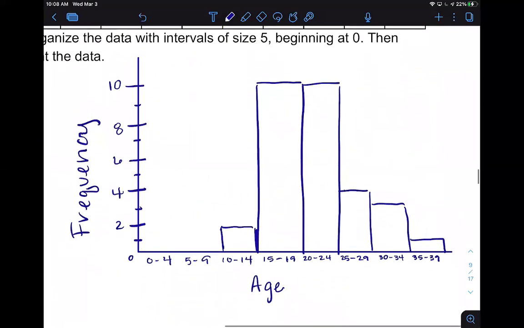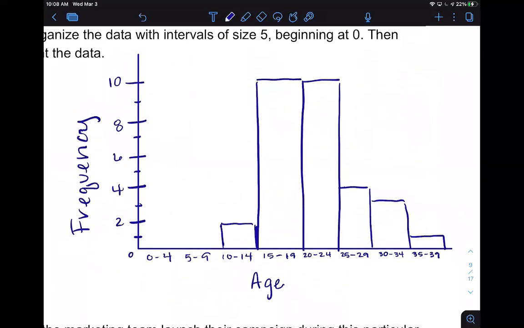If you were just given this picture, this graph, could you tell me how many were age 16? No. You could say that between age 15 and 19, there's 10 of them, but they could all be 15 years old. They could all be 19 years old. You don't know specifics. So that's the one problem with histograms.